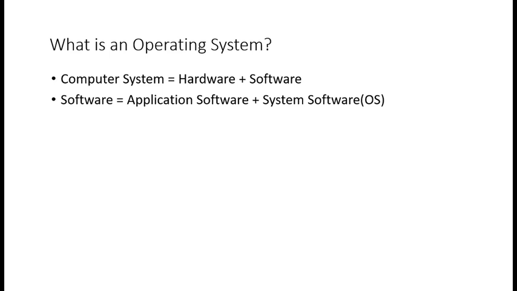The application software is installed by the computer user for their own purpose, like Paint, Notepad, WordPad, or Microsoft Word. System software is like a compiler or an interpreter. Operating system itself is a system software, and these are the classification of system software.